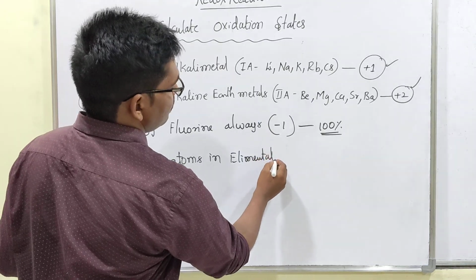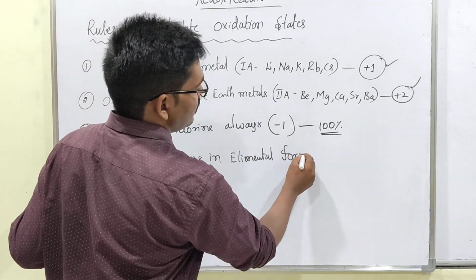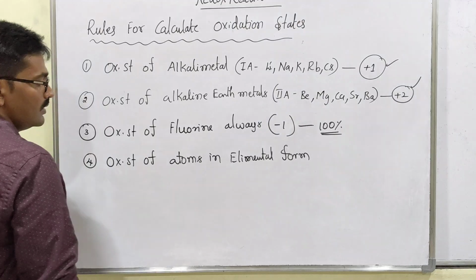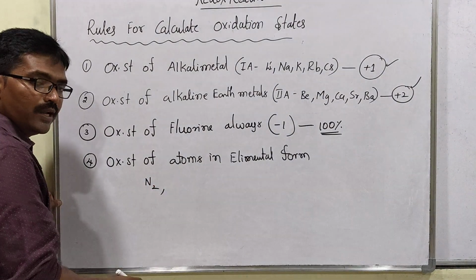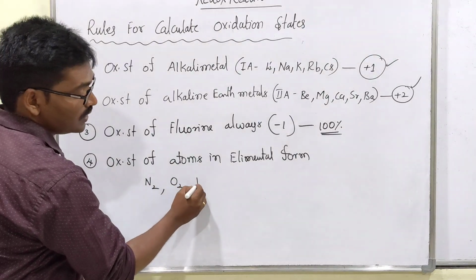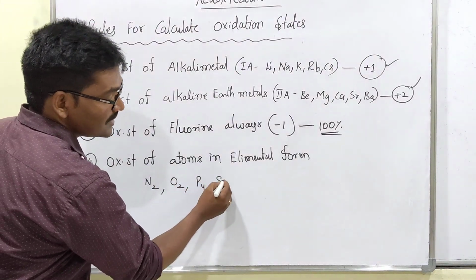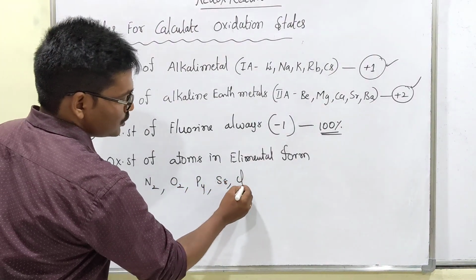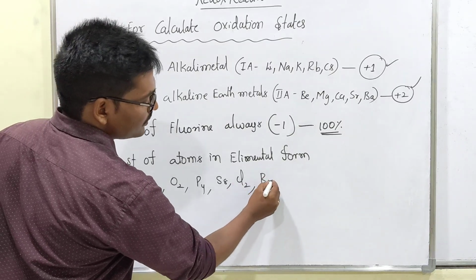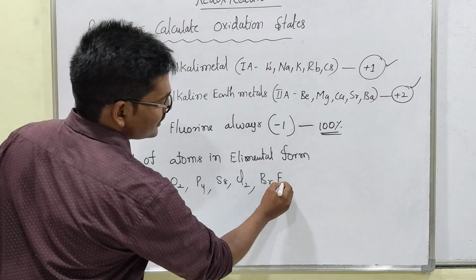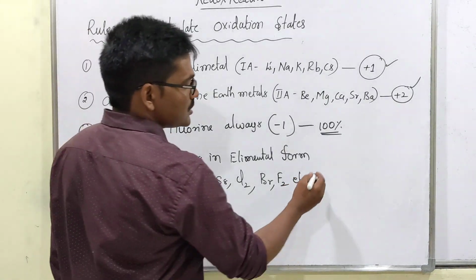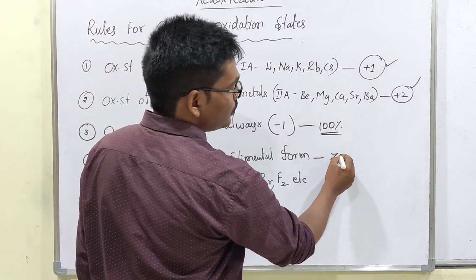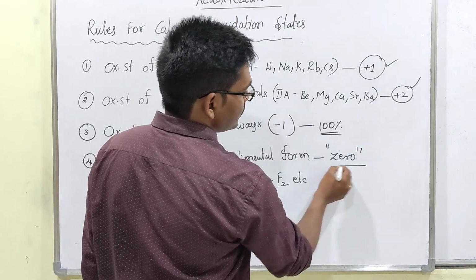In elemental form, for example, nitrogen N2, then O2, then P4, then S8, Cl2, Br2, then F2, etc. Whatever the elemental form is, the oxidation state for the elemental form is 0. 0 is the oxidation state.